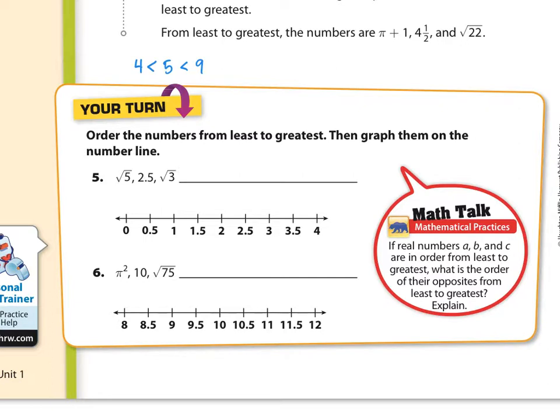I'm not going to write down the perfect squares again, so have those handy so that you can use them to help you out. So the square root of 4 is 2, and the square root of 9 is 3. So square root of 5 is in between those, but it's closer to the 2. So I can say something like 2.1 or 2.2 or something like that. So I'm going to say it's about 2.2.